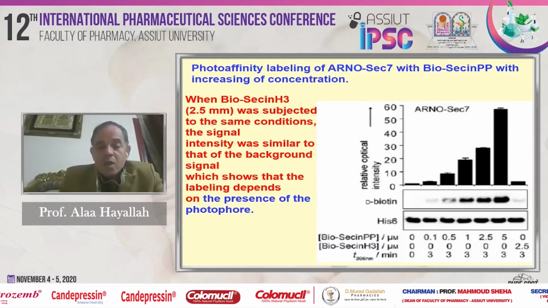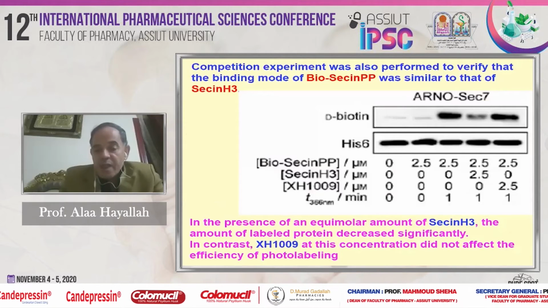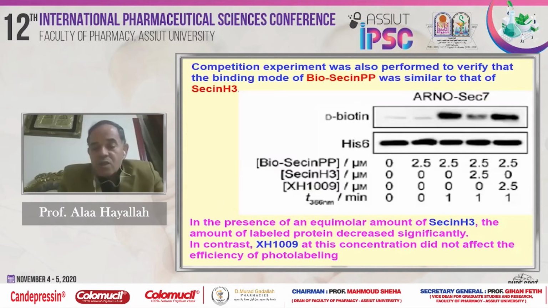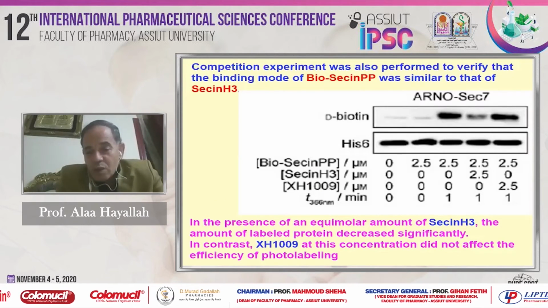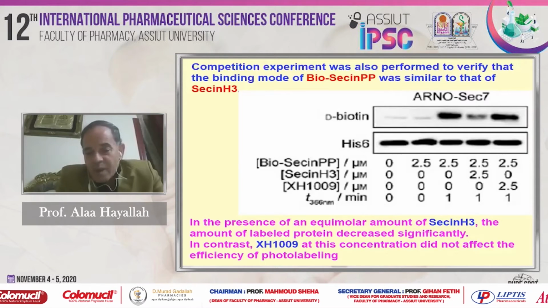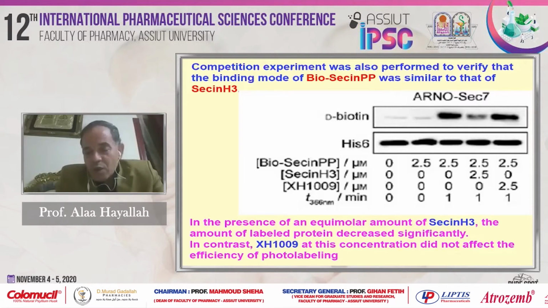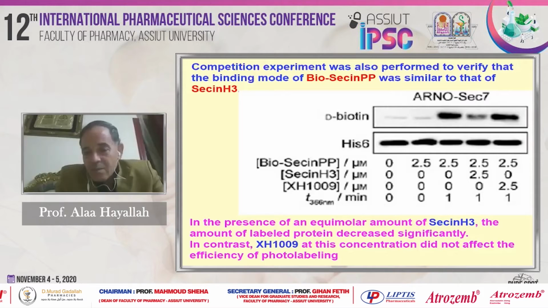And then we applied the biocysteine PP in presence of cysteine H3 and in presence of XH1009, as you see here. And we used 2.5 in all cases of biocysteine, then cysteine H3 2.5, and the photo labeling more or less disappeared.